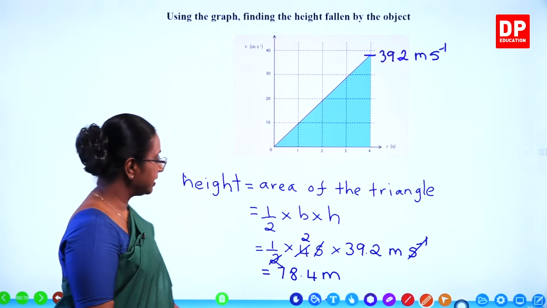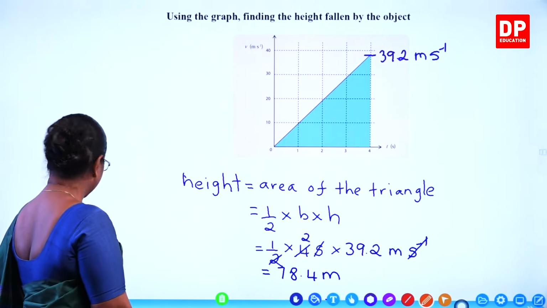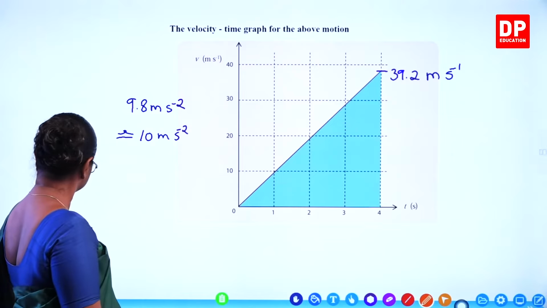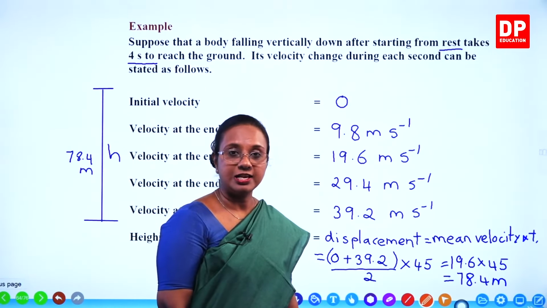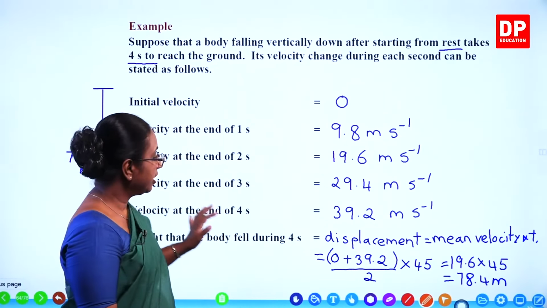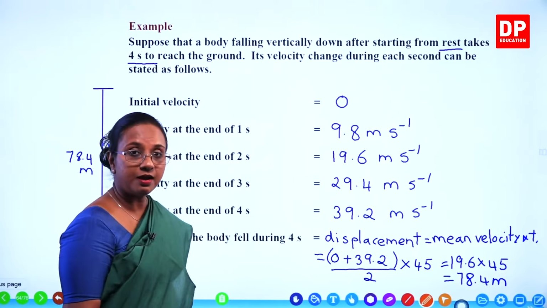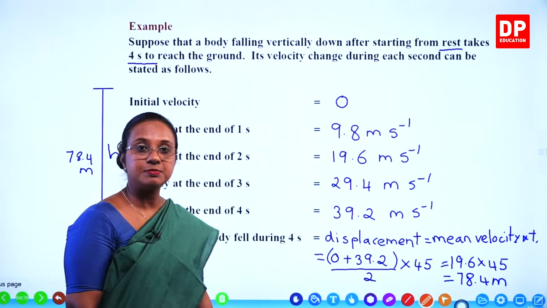So as you can see, we did the same calculation before. I'll go back to that slide. Here also we have got the same value, 78.4 meters. So if you are not using a graph, you can use this equation to calculate the displacement.